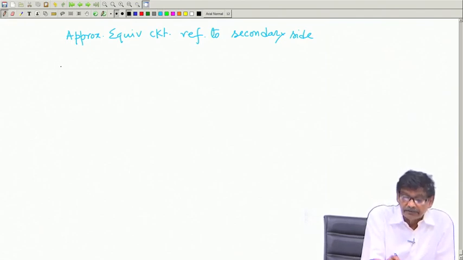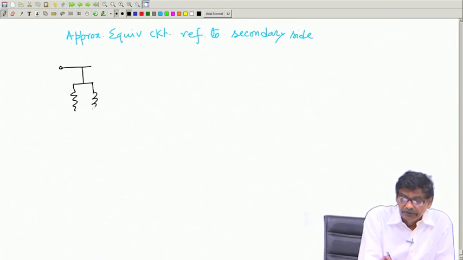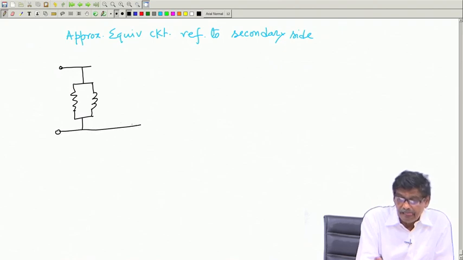Equivalent circuit, refer to the secondary side, we have already drawn all parameters. Now, it will look like the same thing, only this is RCL2, this is XM2, referred to the secondary side.